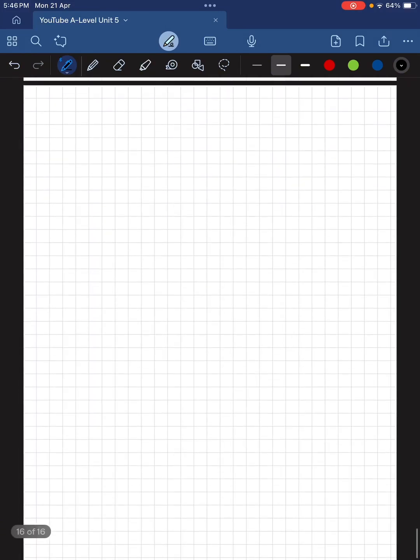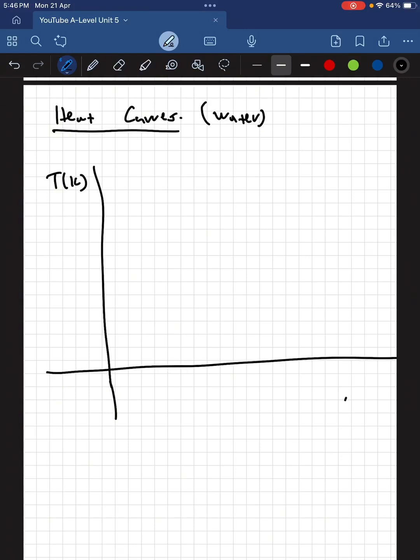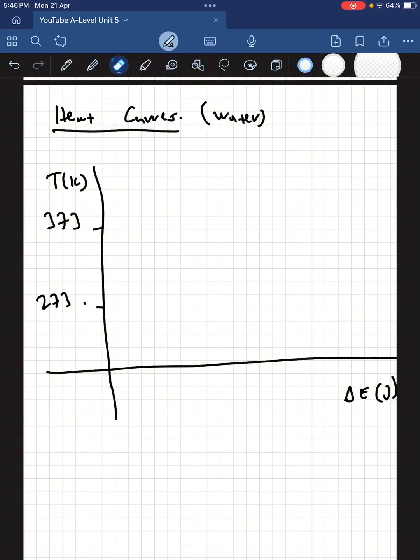Okay. So if we make heat curves, if we plot this, we will see that if we use the example of water, if this vertical axis represents the temperature in Kelvin, and the horizontal axis represents the change in energy in joules, then we see that if this is 0 degrees, actually, since I used Kelvins, I have to write 273 K here and 373 up there.